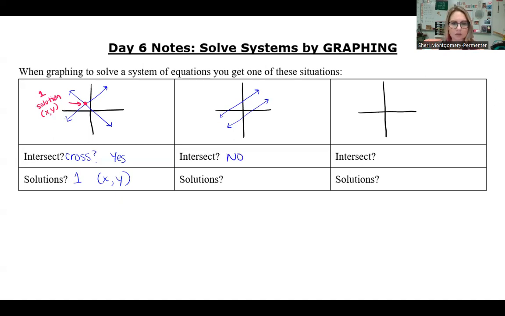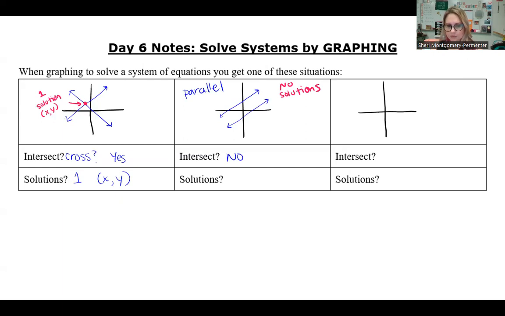Yeah, they're parallel. Parallel lines don't intersect. So how many times do they cross? Okay, so how many solutions do we have? 0. There are no solutions.